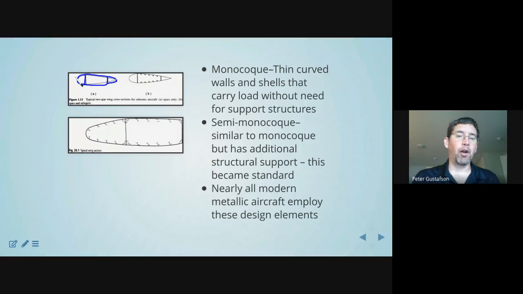So this is what would be called a monocoque structure, whereas a semi-monocoque structure is something that is also locally reinforced. So here in this image, this is quite a modern image of what a torque box would look like in a modern aircraft. Again, we have the spars, which have concentrated area in the spar caps that's far from the neutral axis of bending.